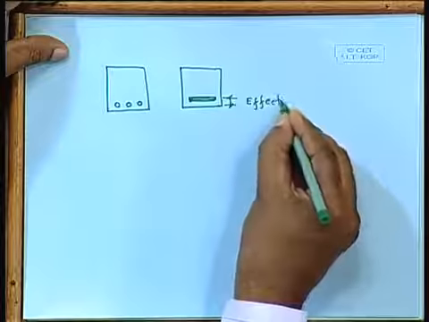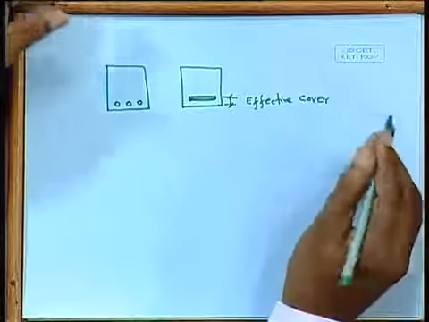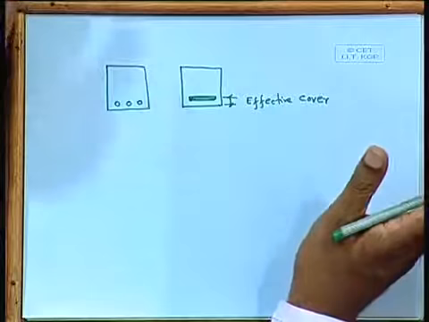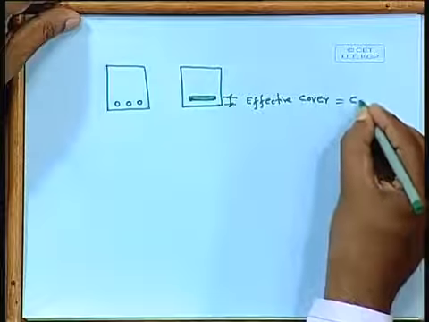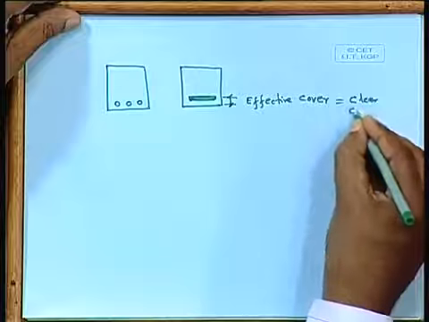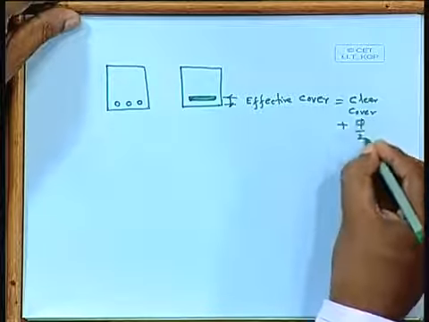So effective cover: when you are going to design the beam, you do not know which bar you are going to provide, but you are calculating the area of steel. At the time of calculating the area of steel or effective depth, you need effective cover, and effective cover is nothing but clear cover plus phi by 2, the diameter of the bar.